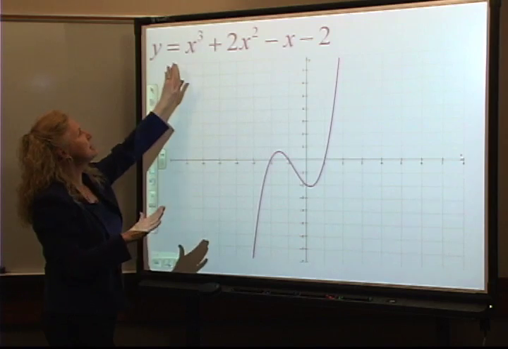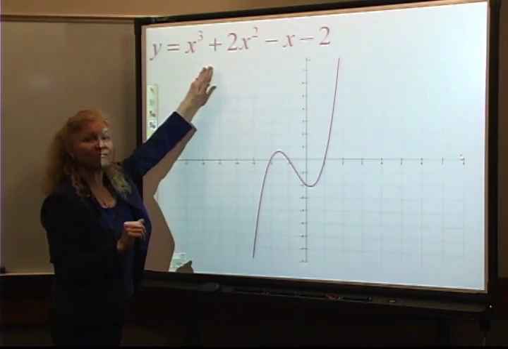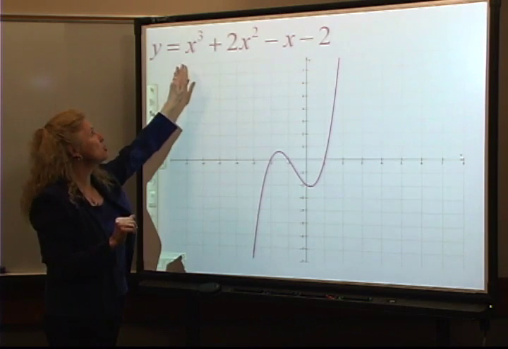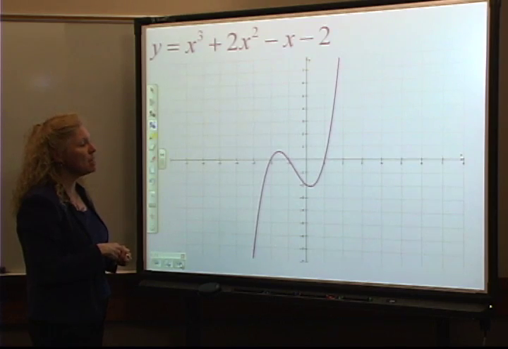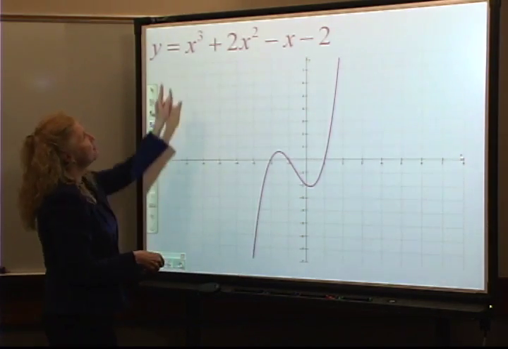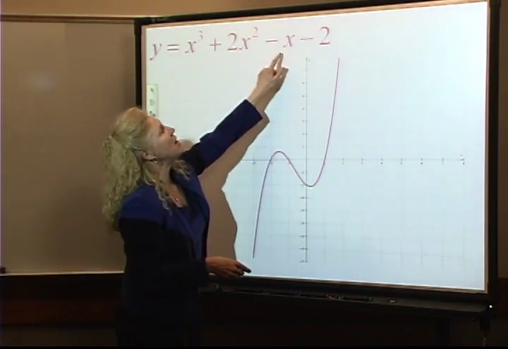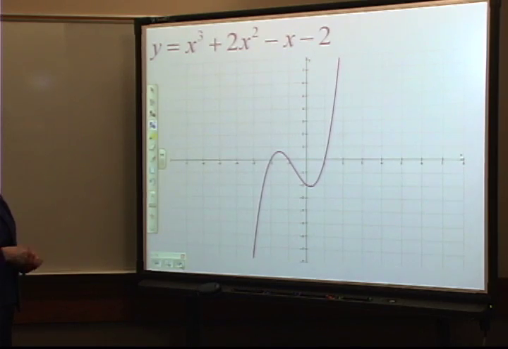These are nice continuous equations. I can put any number in for x. Its domain is the entire real number set. Okay. By the way, we've got a y-intercept of -2, which is very easy to find by putting your 0 in. Okay, so we've got detail.